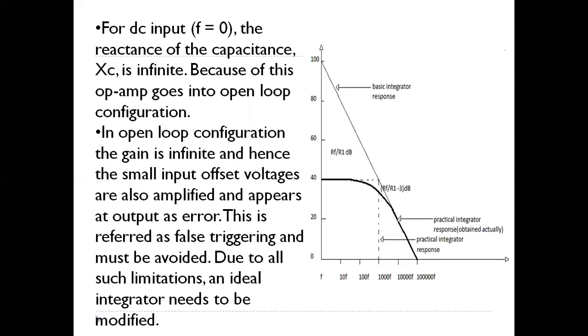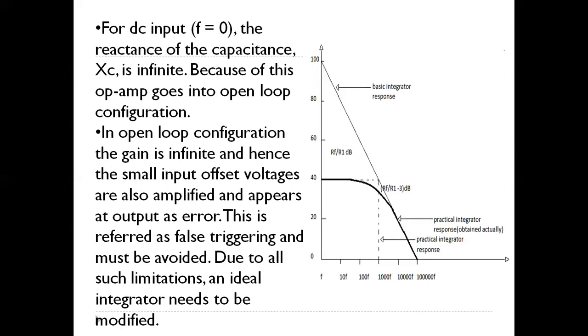So if there is no feedback, the op amp operates in open loop configuration. If the op amp is operated in the open loop configuration, that means even a small signal will be amplified at the output, and we can get some error at the output. So this will give some false triggering, and this should be avoided. Because of that open loop configuration, output is not related with the input.